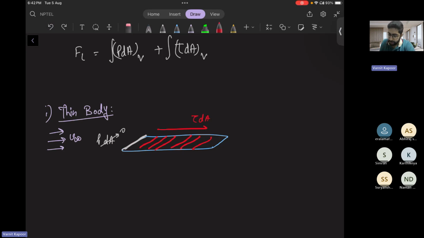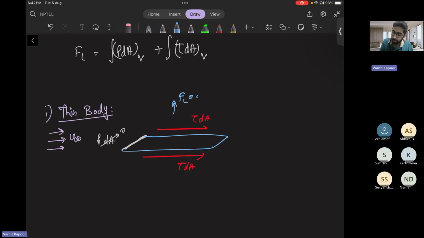So there will be shear stress eventually. Only a net horizontal force is acting. There is no net vertical force. If there is no net vertical force, that means your lift is 0 on that body.